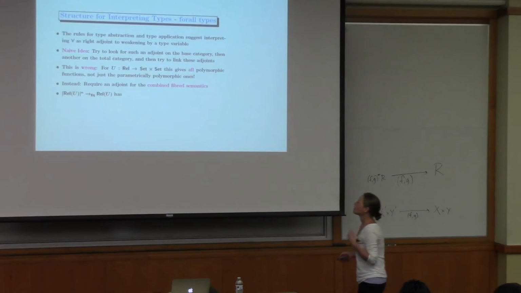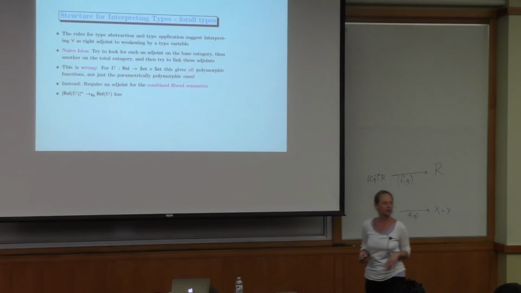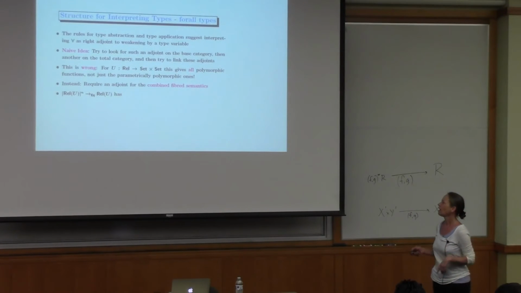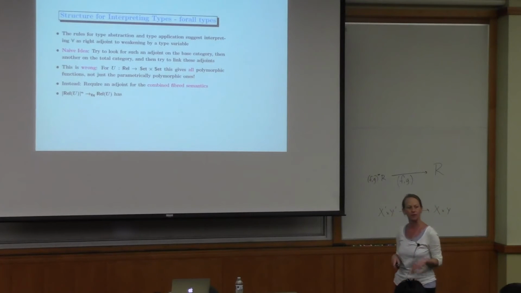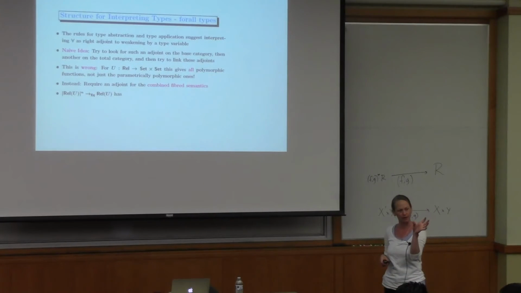Okay. So to really talk about how to interpret for all, I have to introduce another category, and this is related to the one that you were just asking about. You were asking about equality and the way it interacts with the interpretation of the arrow type. I'm going to introduce another category in which equality interacts nicely with the interpretation of for all.